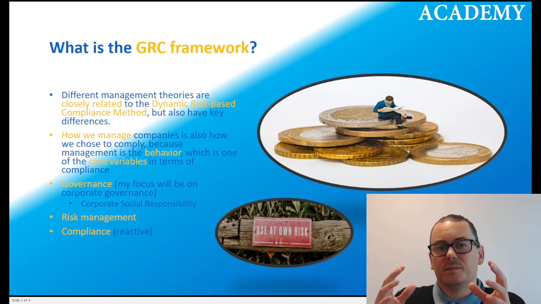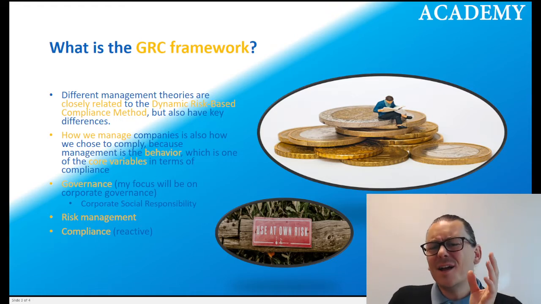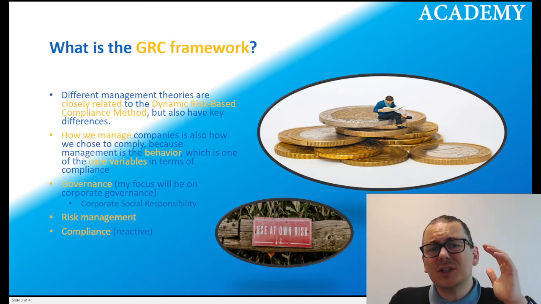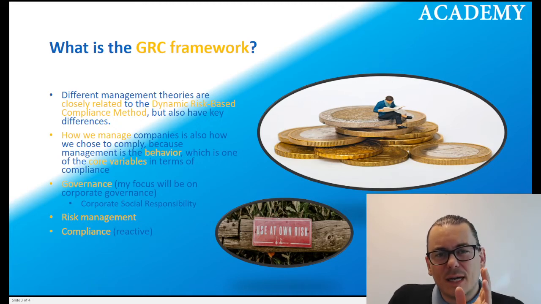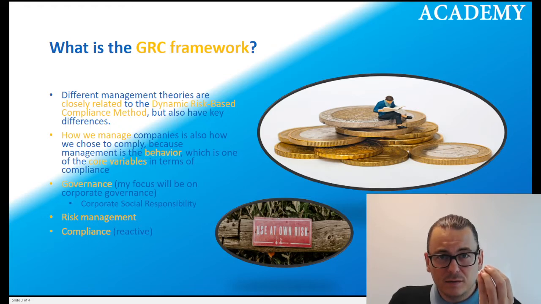compliance method. What we need to understand is, even though the GRC framework is fairly new and something that most companies and boards and everyone will have looked into already, when we're talking about dynamic compliance, it's kind of a merge of all the elements that the GRC framework put together.